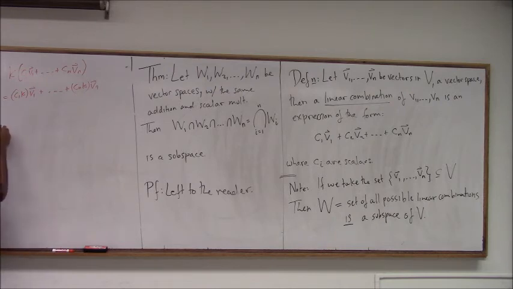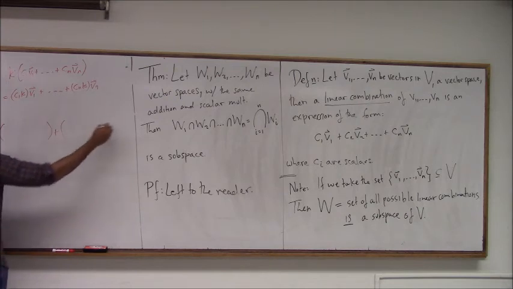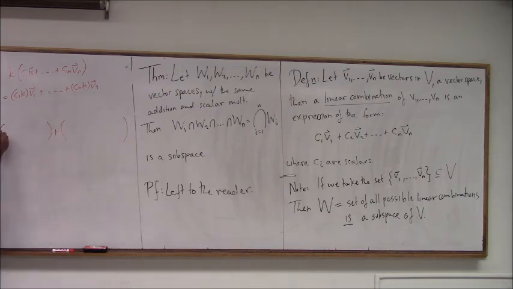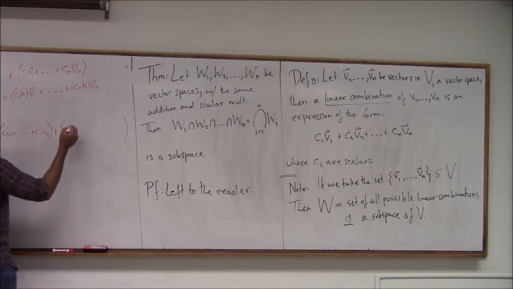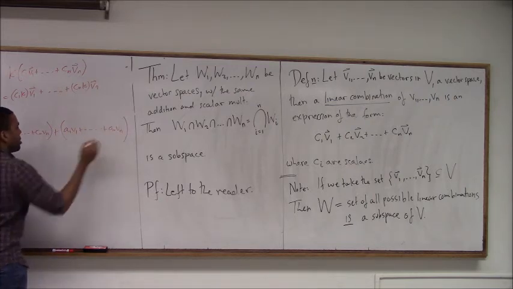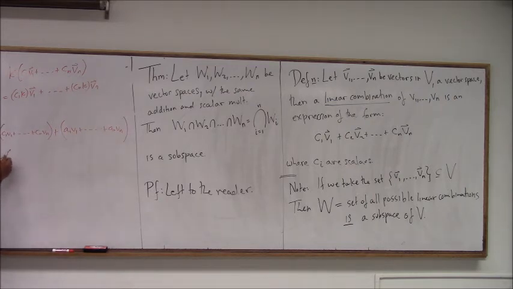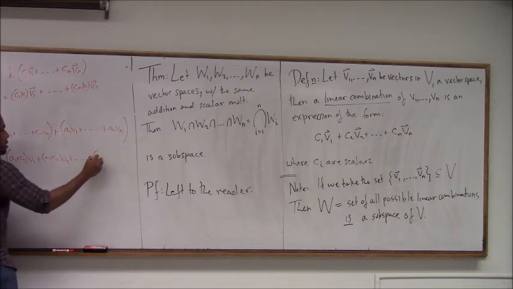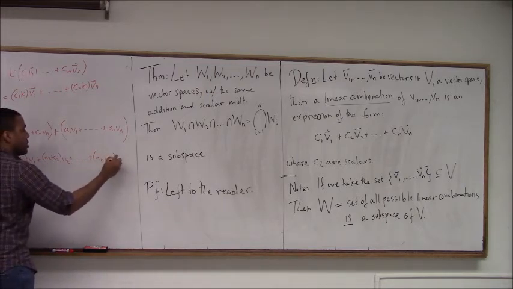That's another linear combination, right? Whereas if I add two linear combinations together, c1 v1 plus ... plus cn vn, and another set a1 v1 plus ... plus an vn, then I just get (a1 plus c1) times v1 plus (a2 plus c2) times v2 plus ... plus (an plus cn) times vn.